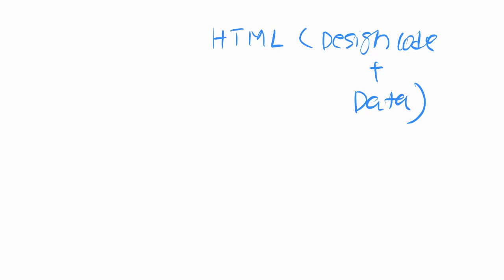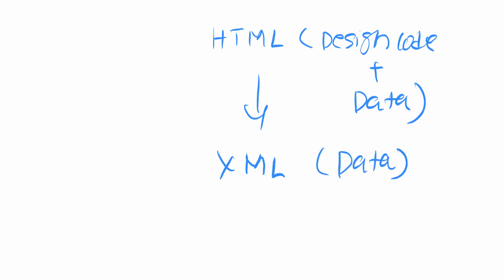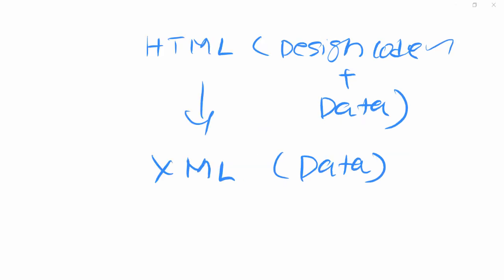In order to solve this, they came up with a new concept called XML. It's an extensible markup language. Here we transfer the data alone in the form of an XML file. So we need not worry about design or code, which leads to smaller file size and also good application performance. But still it is a static page. I think in the last 5 years, due to the advancement in technology, web application development came up with the dynamic page concept.